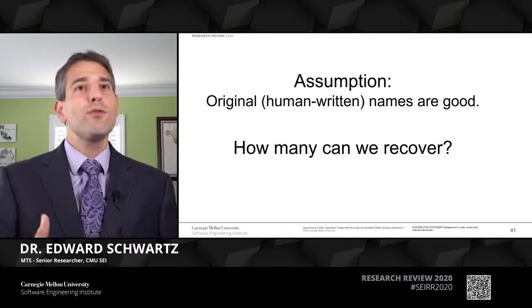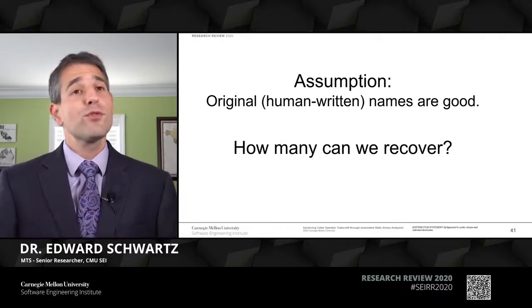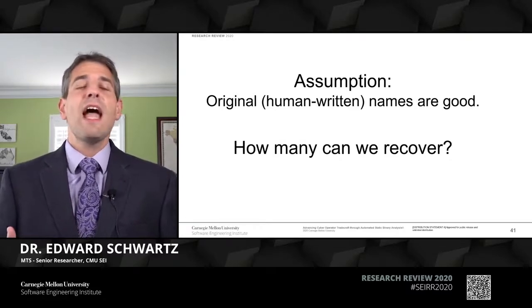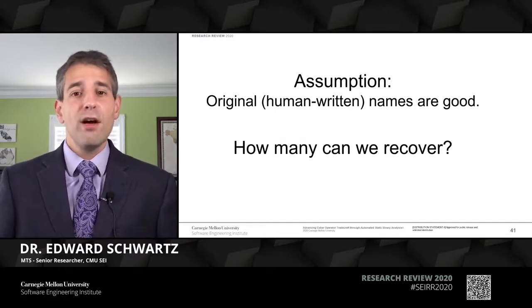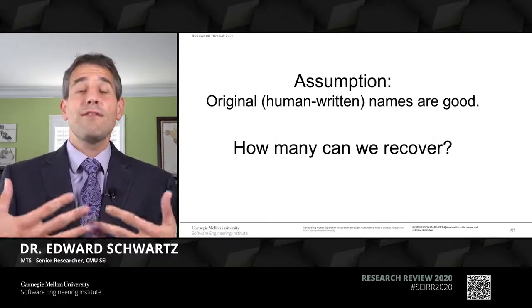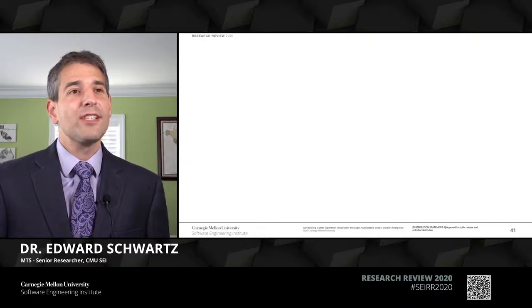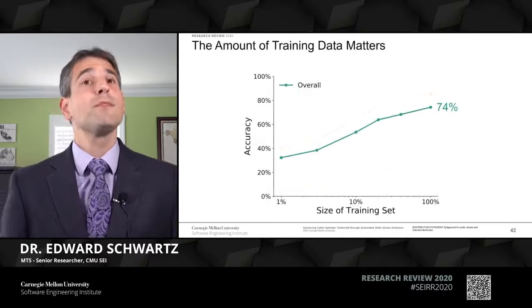So we're just going to assume that names in the original source code are good. And that allows us to simply count how many times we can actually recover the original name from the decompiled code and use that as a metric to see how well we're actually recovering meaningful names.